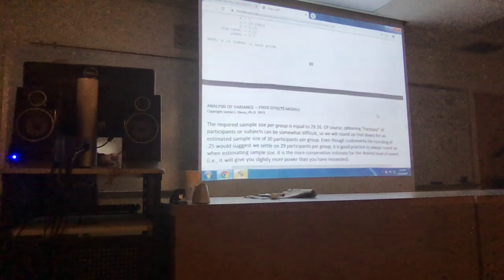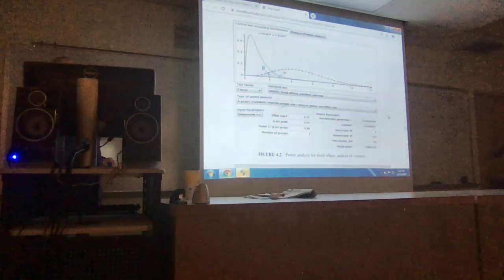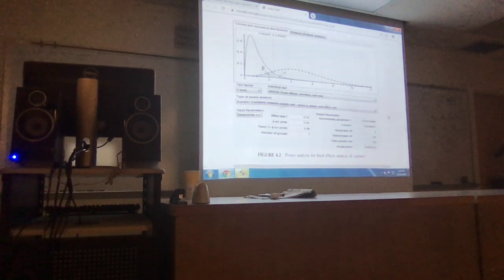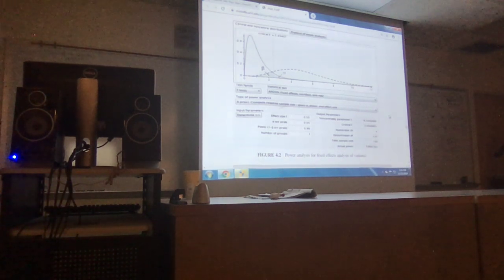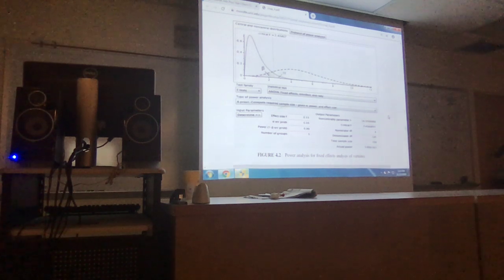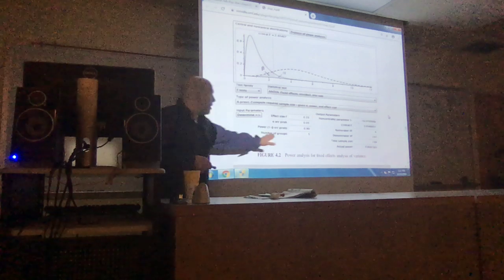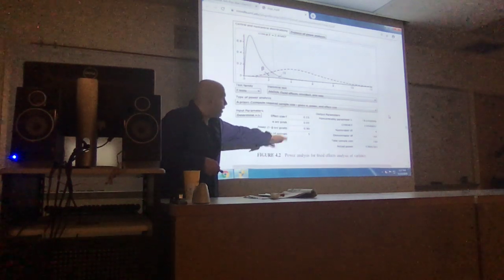The other program that's very popular is G-Power, which is what you're gonna compute in the assignment. And that's gonna give you your total sample size here. So you're gonna enter your effect size as F, your alpha level, your desired power, and number of groups, and you're gonna compute power.